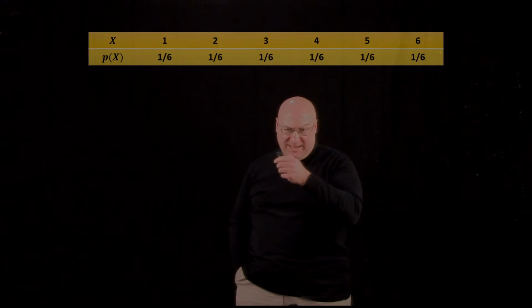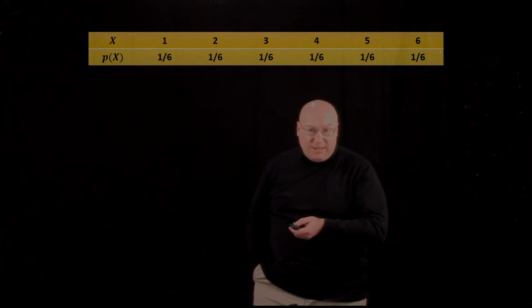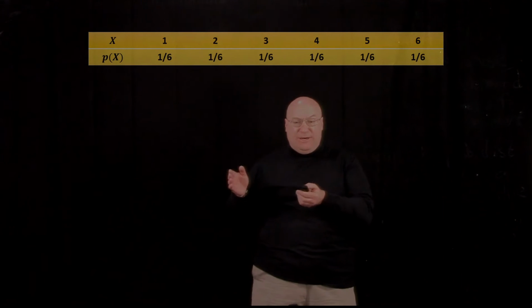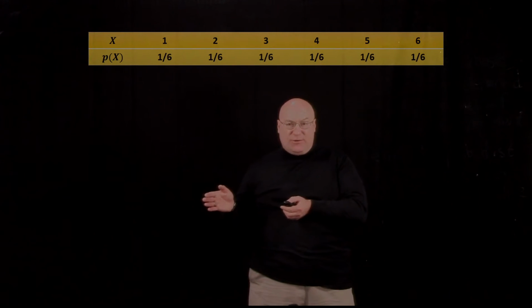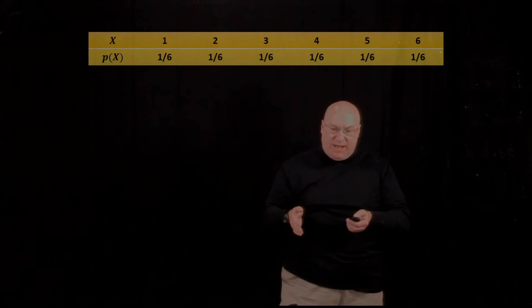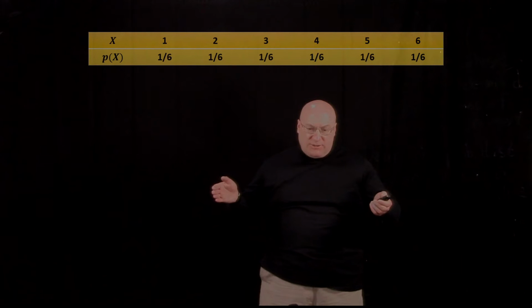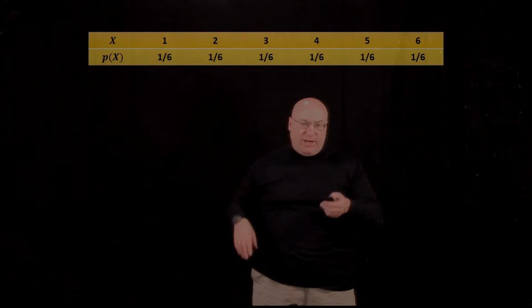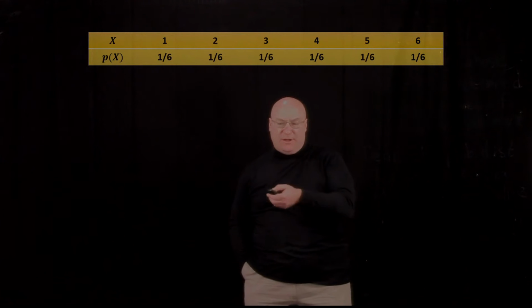But right now, why don't you draw the probability histogram? You draw it the same way you draw a relative frequency histogram for a discrete set of data. You have just 6 possible values. You draw your histogram bars and center them appropriately and give them the right height. So why don't you pause me and try that, and then I'll do it.